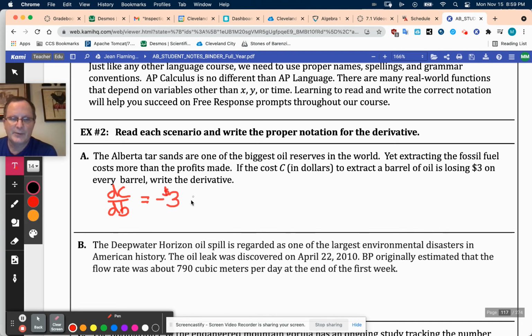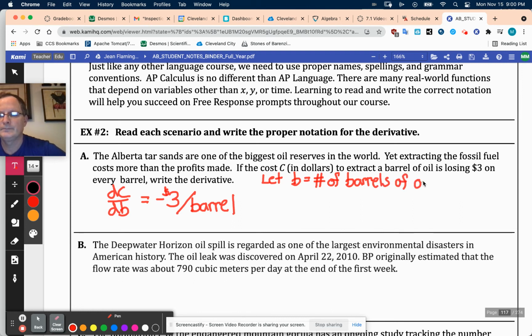It's going down $3 per barrel. So dC, they already defined the variables for us. dC and B was not defined. So I should say let B equal number of barrels of oil. All right, there we go. That takes care of A.